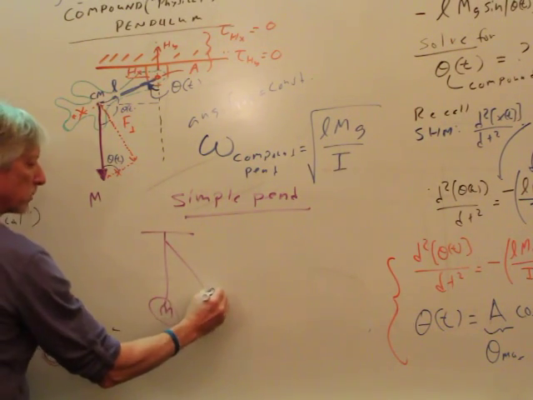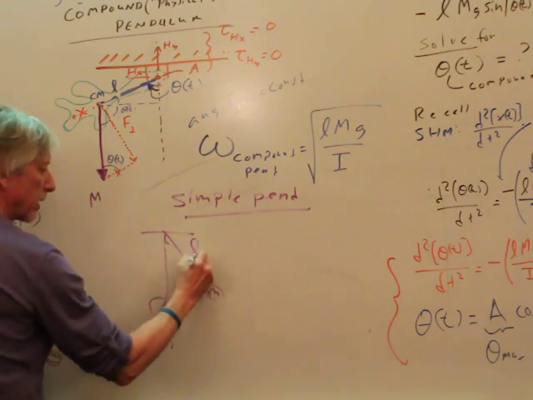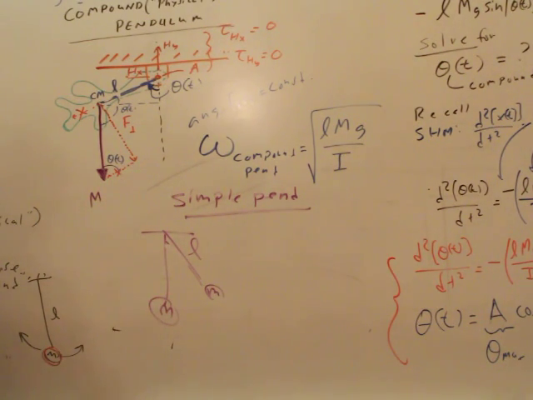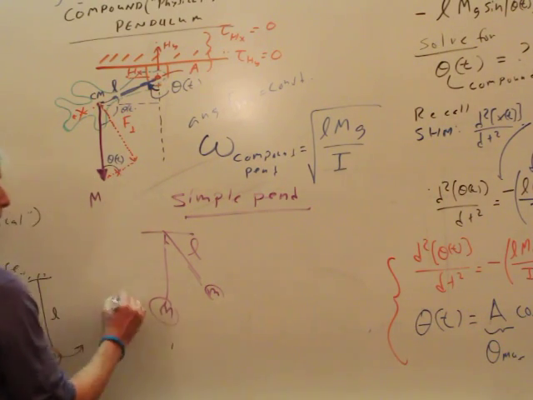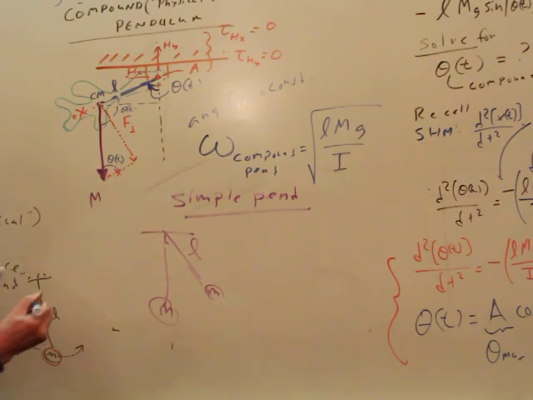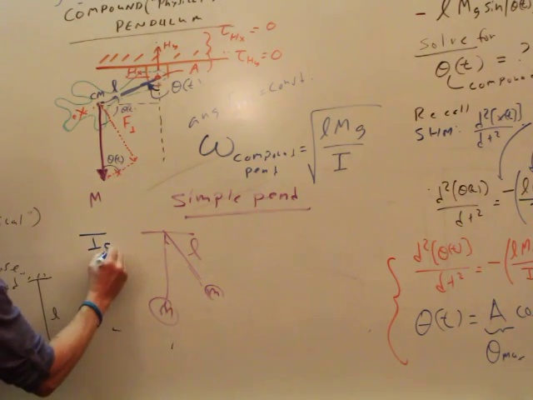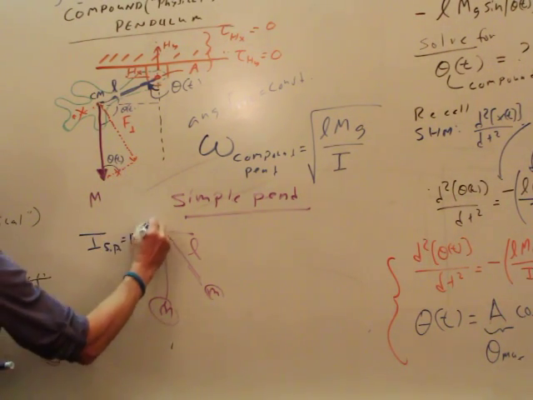And as you pull m to the side, I've got that L as the length. And what's I for this? I for a simple pendulum is m L squared.